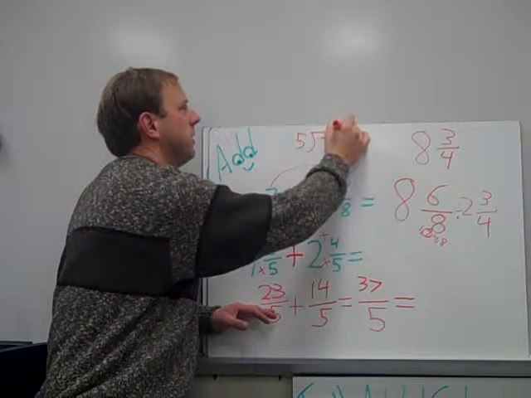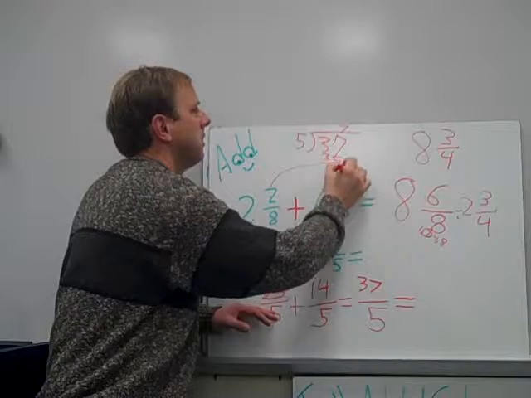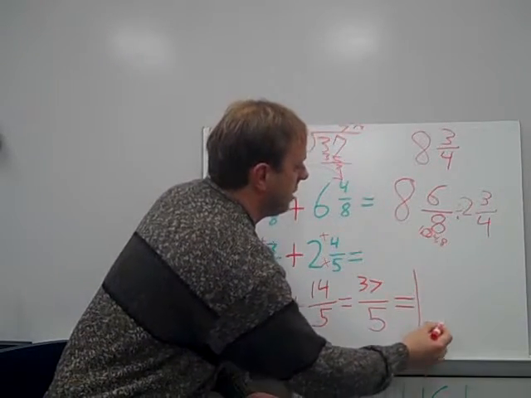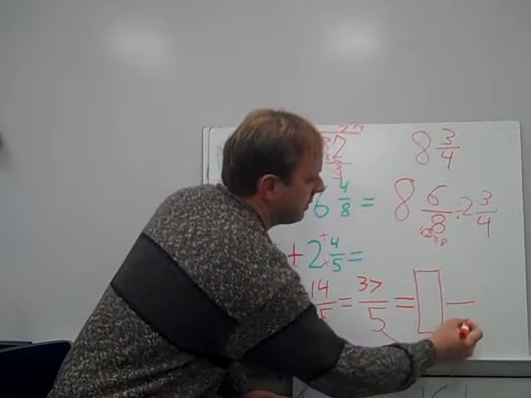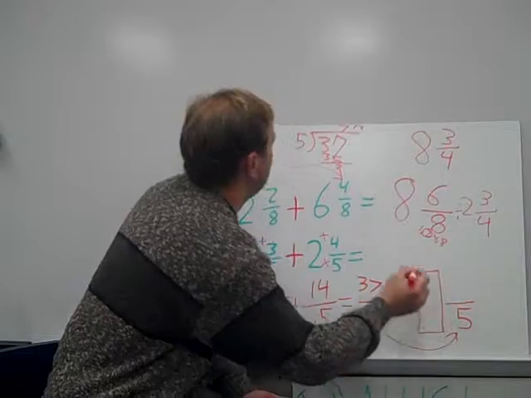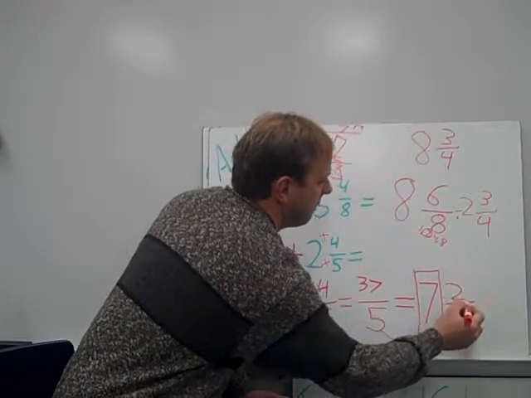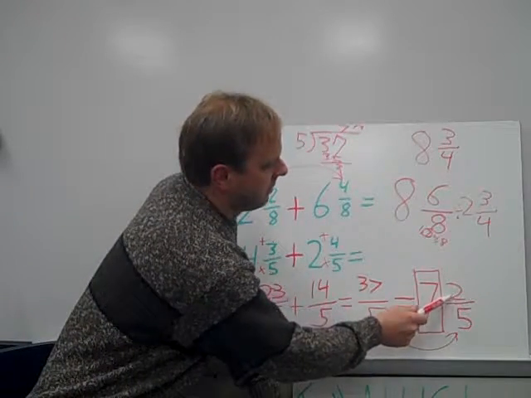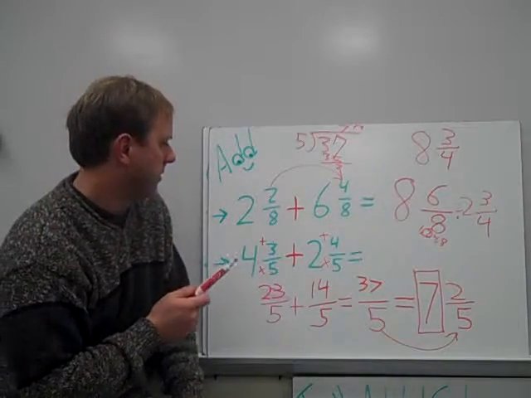That leaves me with 7 and a remainder of 2. So box and a bar, denominator shuffle, and we have 7 and 2/5. Now again, I want to check to see, can I simplify this? But in this case, there is no simpler form.